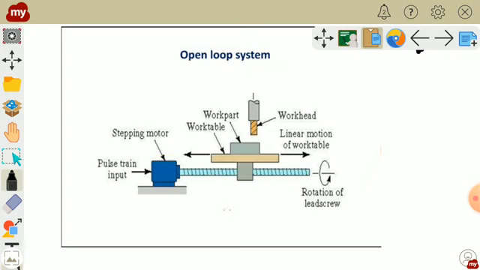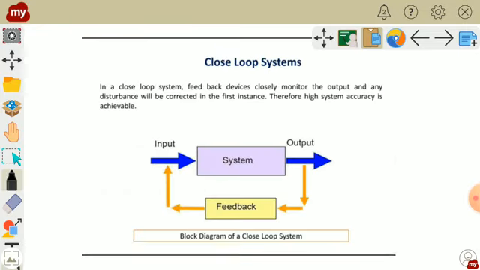As a pulse is given, the stepper motor rotates. As the stepper motor rotates, the lead screw will rotate, and the rotary motion of the lead screw is converted into the horizontal motion of the work table. Okay, got it.